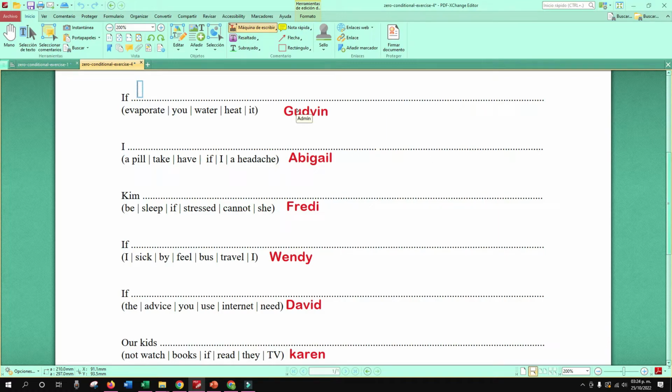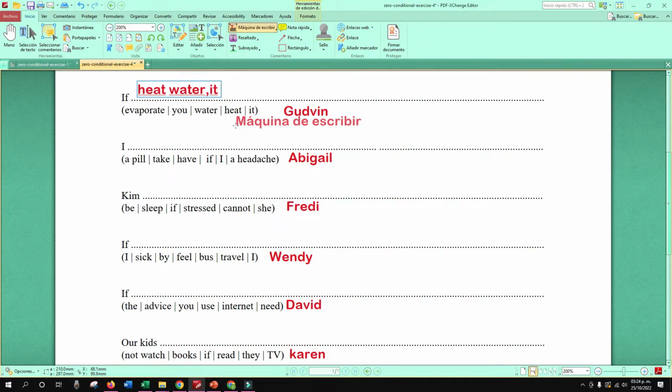You don't have the word there, Mr. Goodwin. So, what about if we change that? If you heat, do you know heat? Hervir, right? If you heat the water, comma, what is going to happen?